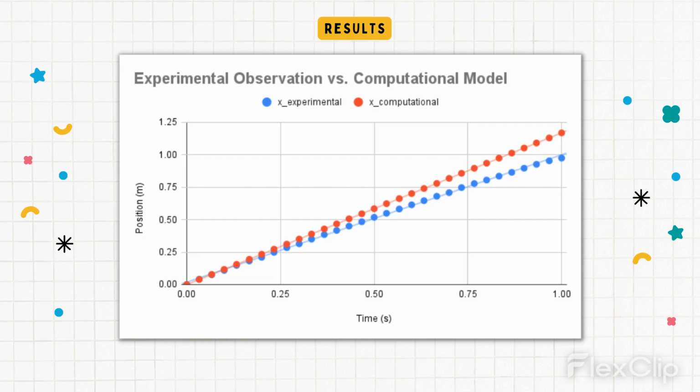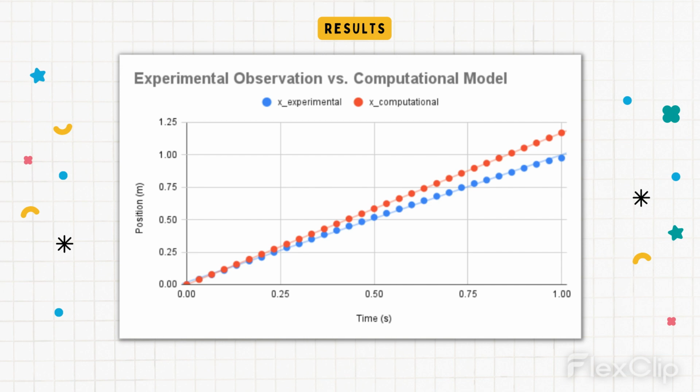Based on this visualized information, we can see that the motion of both is pretty much the same, following the same upwards line. The main difference is that the line from our experimental data points is slightly lower than that from our computational data.